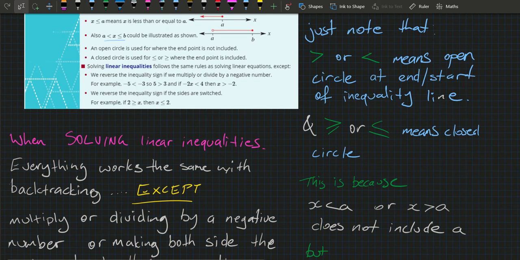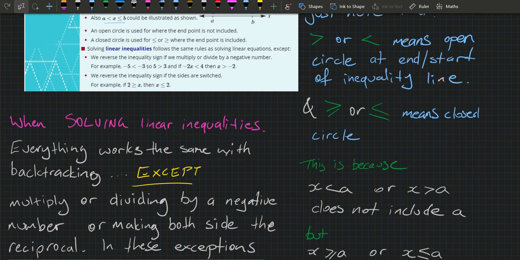We'll be doing the linear inequalities in this one. It's exactly the same as backtracking with solving linear equations, except, big yellow except, when we multiply or divide by a negative number, and hopefully you know dividing is multiplying by an inverse, so that's why it's pretty much the same thing.